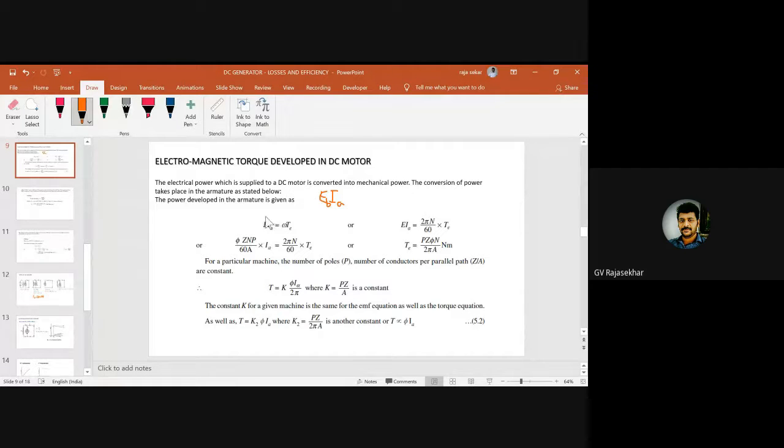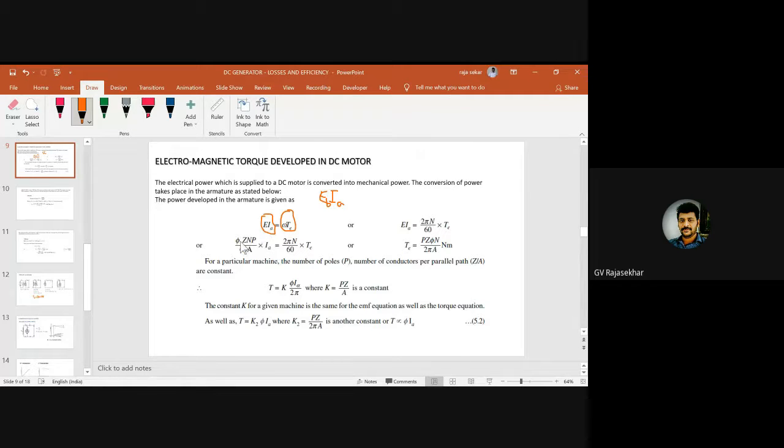What is the power output from the motor? Torque. Electrical energy is converted into mechanical energy. The formula for EMF induced in the winding is the same whether it is a motor or a generator.